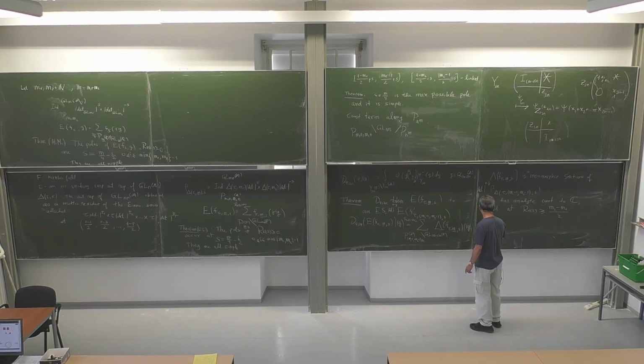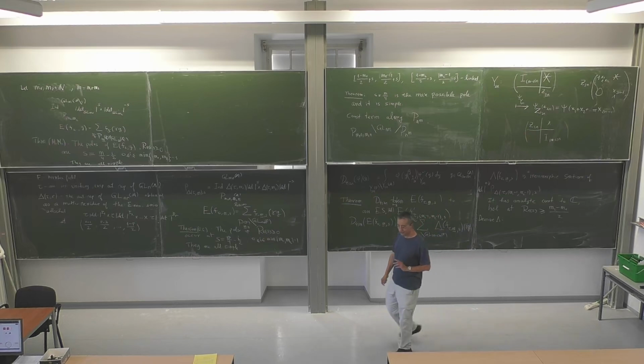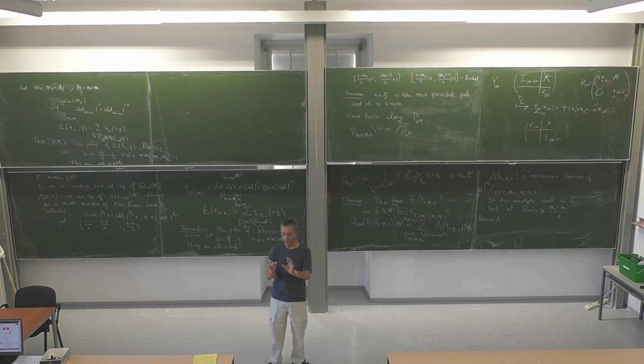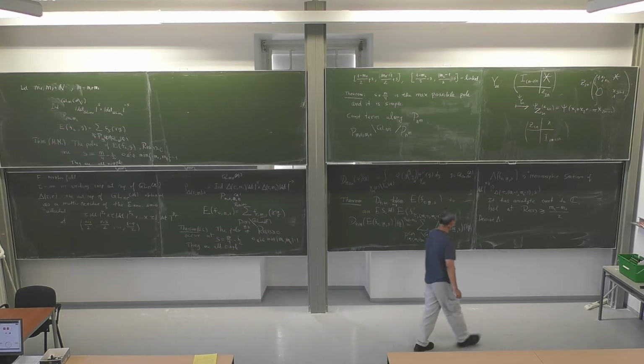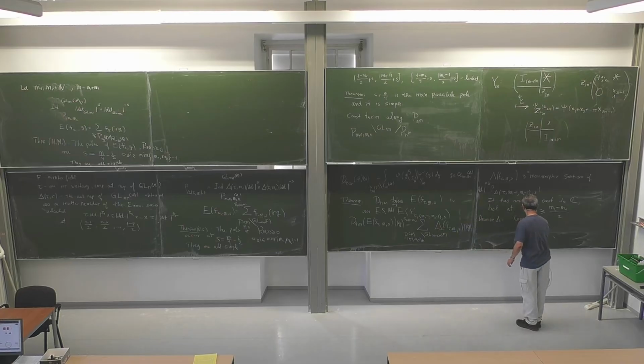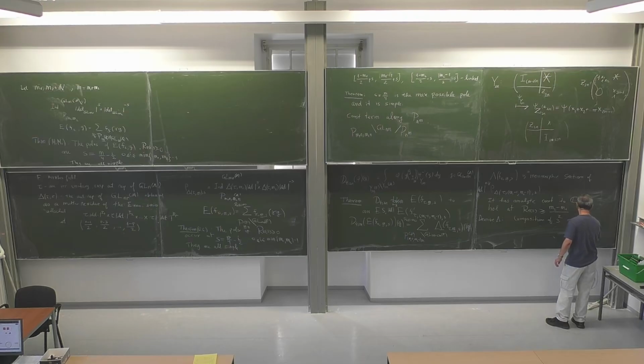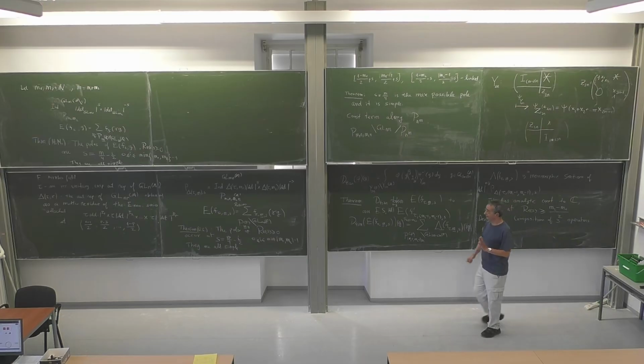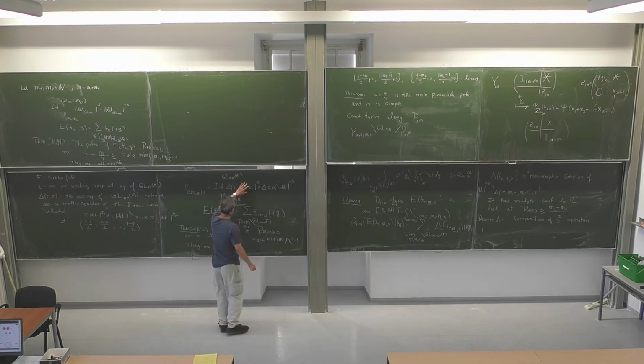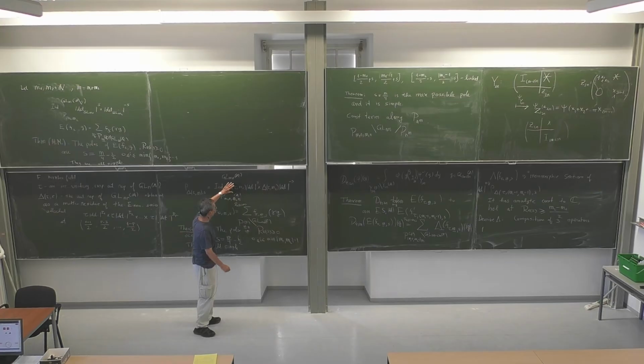Now, let me describe. It has a very nice Eulerian integral expression, and I can describe it as a composition of three simple operators. So this is a composition of three operators. First operator, when we consider our section in this parabolic induction, let me compose it first by taking the constant term of GLM1n applied to this Speh representation with the parabolic subgroup which has blocks M1 minus 1, n and n.